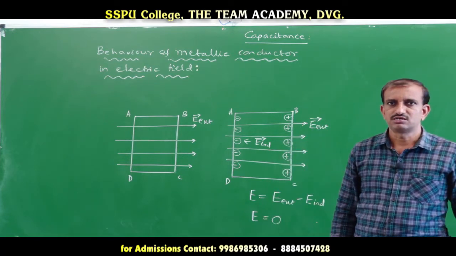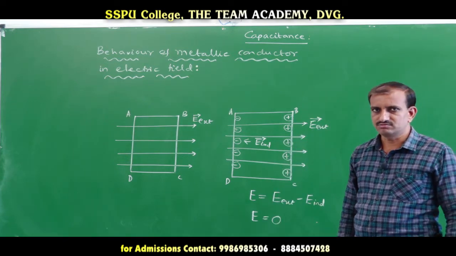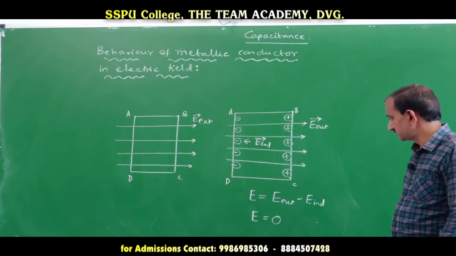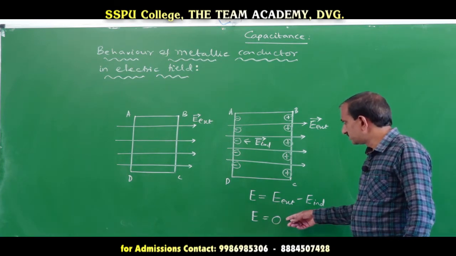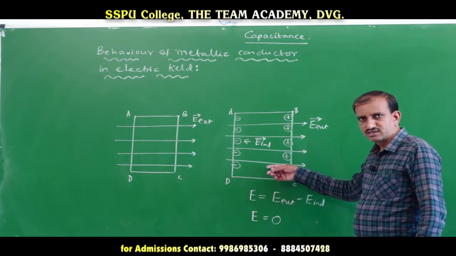Under electrostatic equilibrium, we observe that the electric intensity inside the metallic conductor is 0.